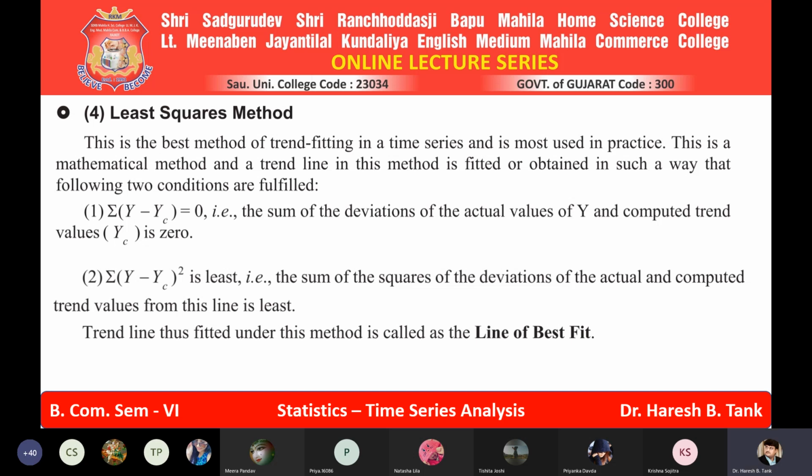When I say that we are assuming a linear relationship, what should be the equation?